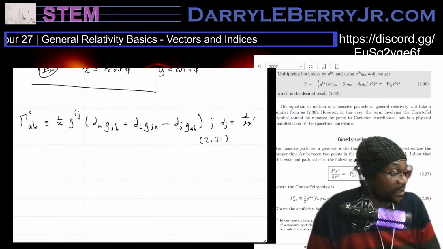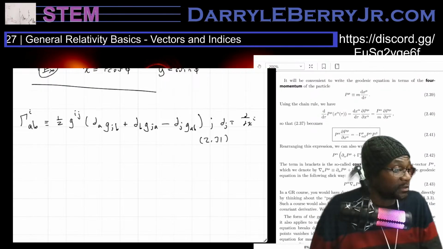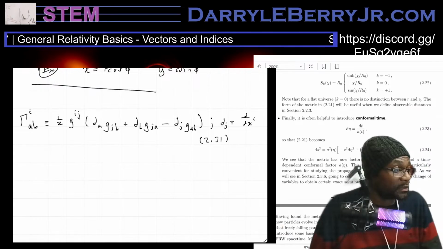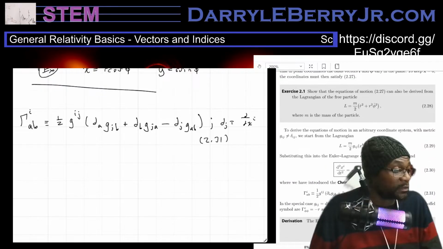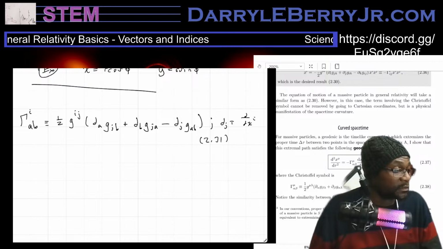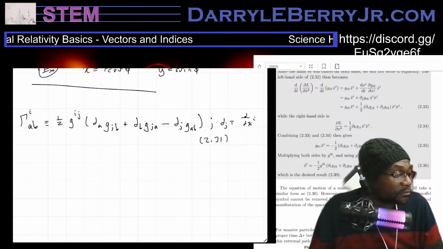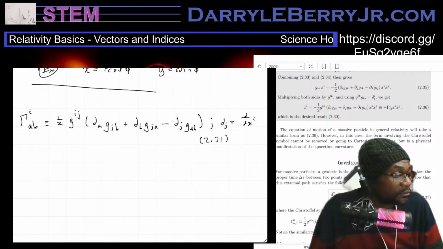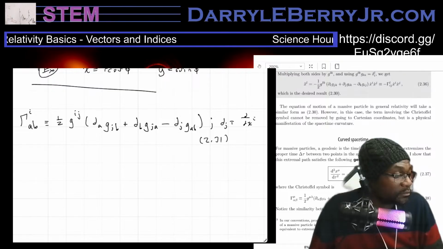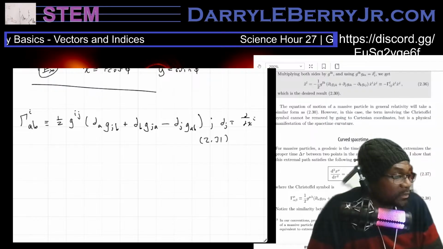Where the Christoffel symbol is that. Massive particles.